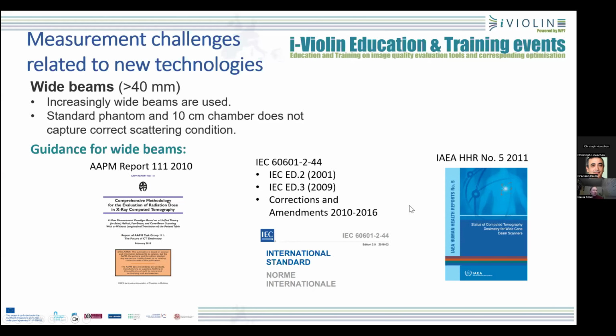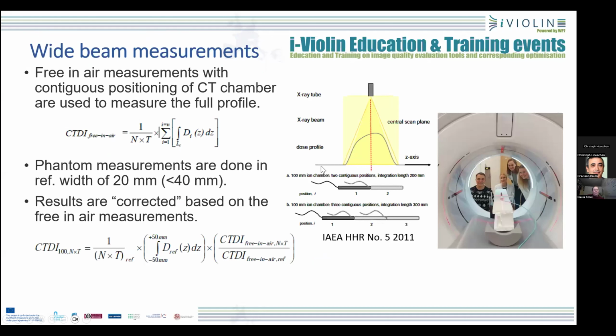So just very shortly, this is how we do the wide beam dosimetry measurements. We use the same chamber and same phantom system, so that not everybody has to buy a new system. First we do measurements in the air, covering the whole large profile with contiguous positions of the CT chamber. This can be done for any collimation.